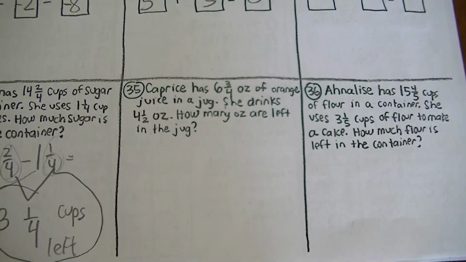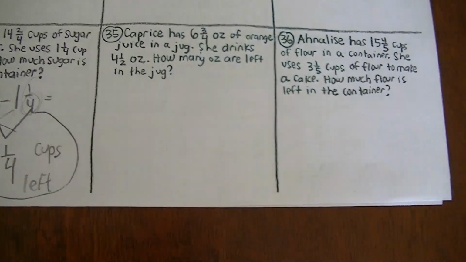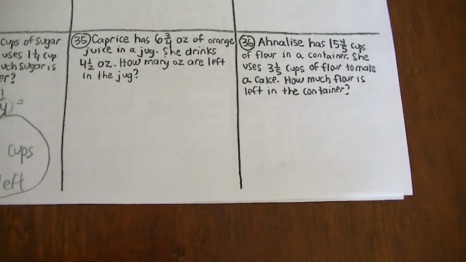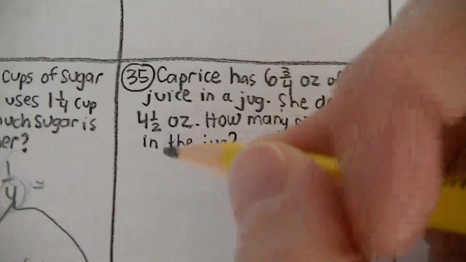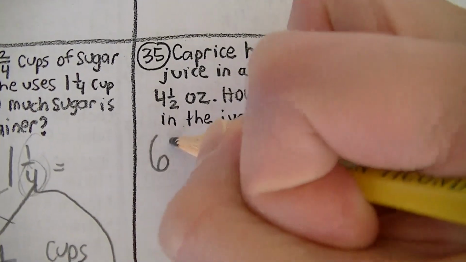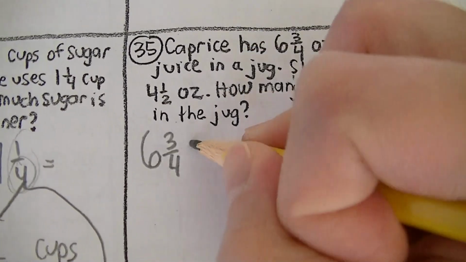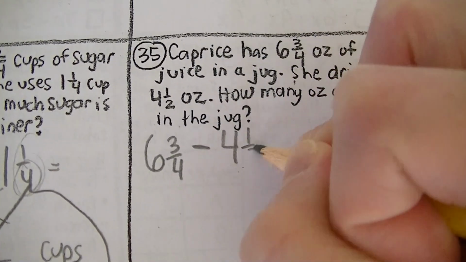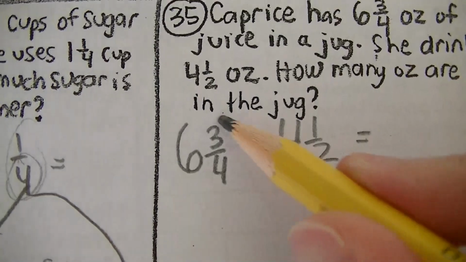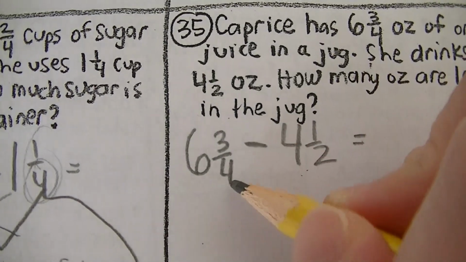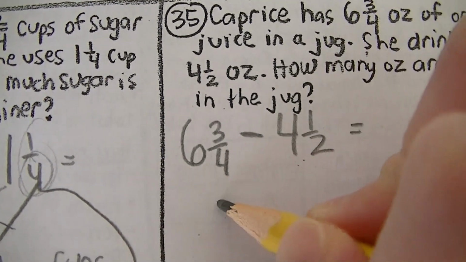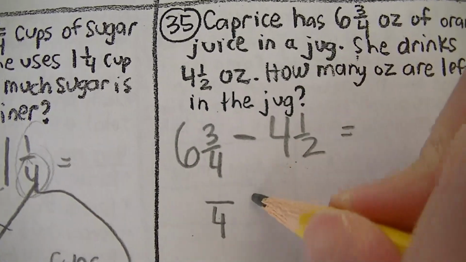Caprice has 6 3/4 ounces of orange juice in a jug. She drinks 4 1/2 ounces. How many ounces are left in the jug? So she started with this, and she drank it, so that implies it's gone. These are not common denominators, so we need to do that. A number that both 4 and 2 go into is 4. That's probably the easiest one.